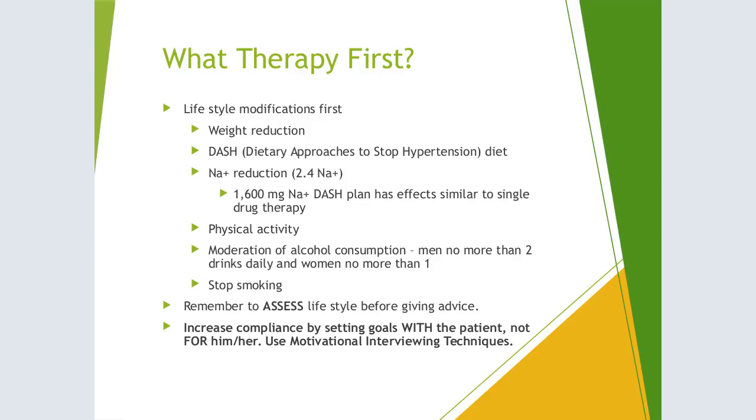However, patients are not compliant with a 1,600 milligram sodium DASH diet. They want to be, they have good intentions, but they just can't make that happen. And so they're more likely to do a pill, and even then they're not always compliant, but we do the best we can. But we got to try to encourage lifestyle and dietary modifications first if we can.